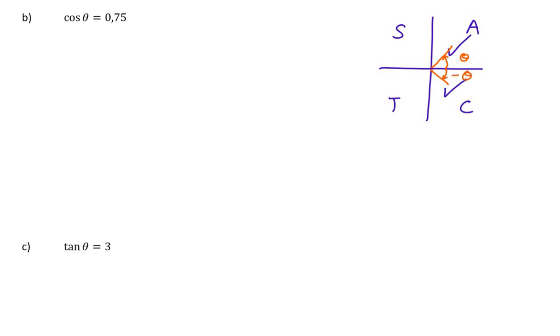So I literally just say theta equals plus or minus the shift cos, as in the inverse function of the ratio. You pick up your calculator, you go shift cos, you put in 0.75 and you get out an angle.